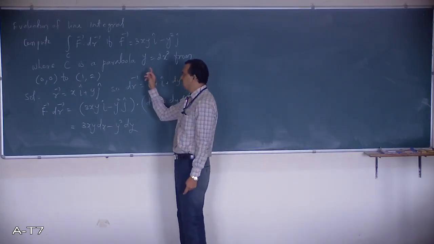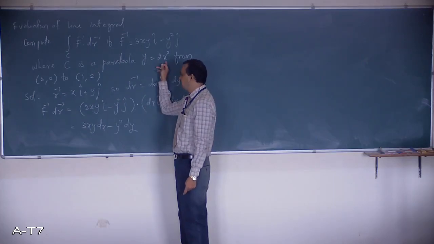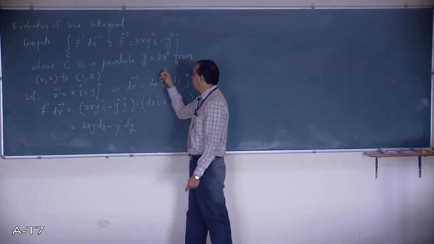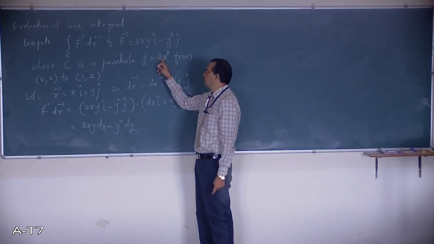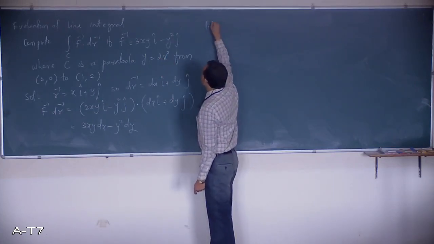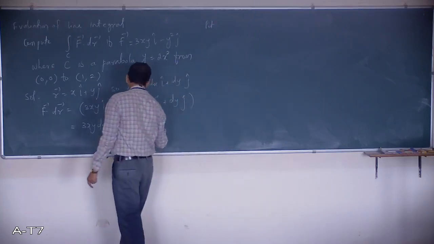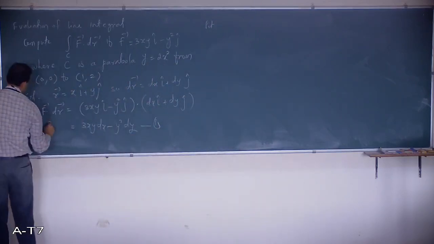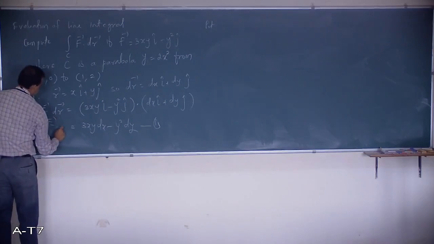First, wherever y is there, replace it by 2x square, and wherever dy is there, replace it by 4x dx when you take the differential. Let us call this equation 1, so that afterwards you can write it again.